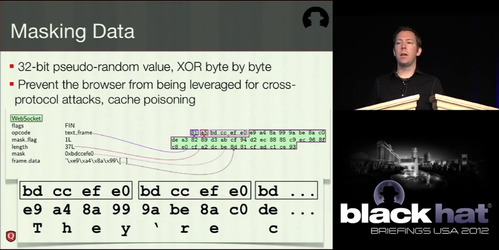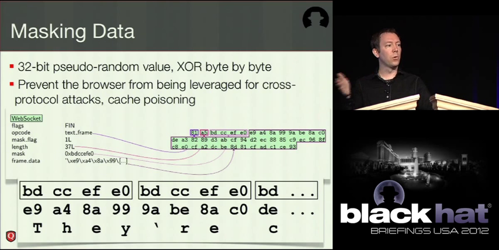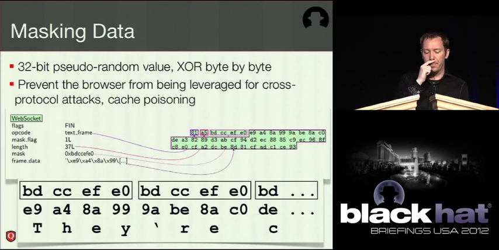The masking data is a flag that says that data coming from the browser is going to be masked, but data coming from the server typically isn't in a WebSocket connection. And it's important to use this term, masking, instead of encryption, because it's not encryption. It is a 32-bit pseudo-random value XORing the payload data, as you can see in the screen captures here.